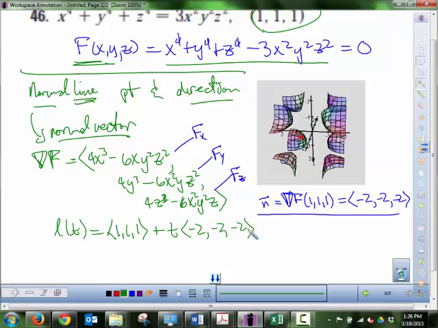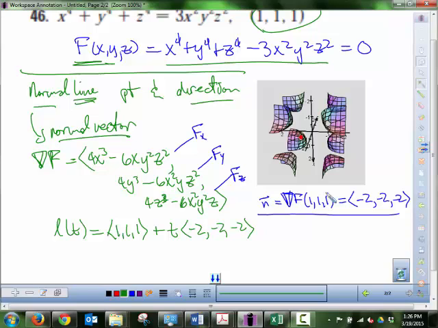Let's say you're describing somebody as a surface and you want to stick a skewer that's perpendicular to that surface several times. And then you'll have the equation of that line.